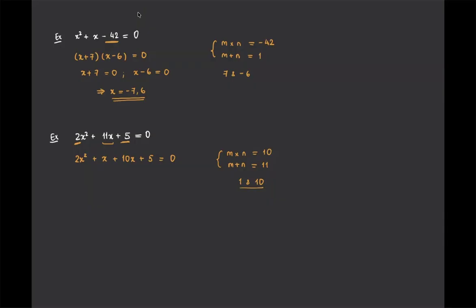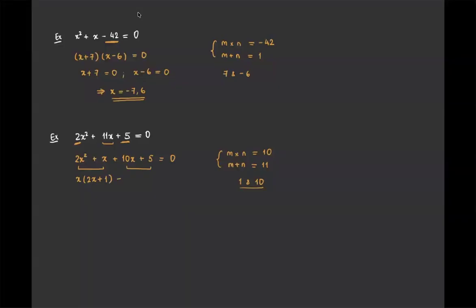Okay, and so now because I have 4 terms on the left-hand side, I can factorize it in pairs. So for my first pair, the common factor is an x. So I can take that out. And inside the brackets, I'll be left with 2x plus 1.